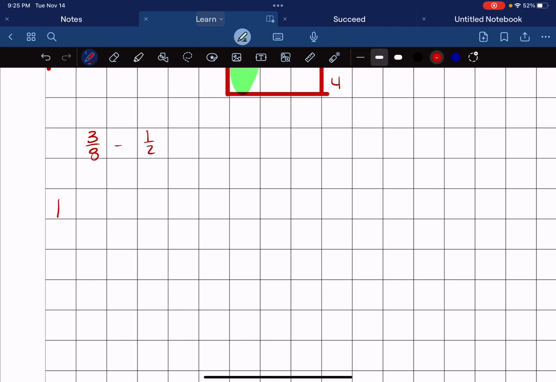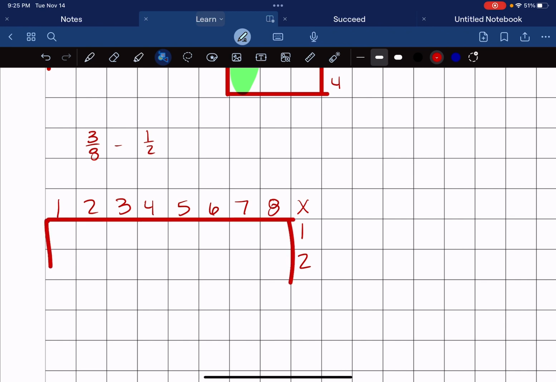I want to go 8 across: 1, 2, 3, 4, 5, 6, 7, 8. 2 down: 1, 2. And then I'm going to shade in 3 out of 8. So 1, 2, 3, and all the way down.